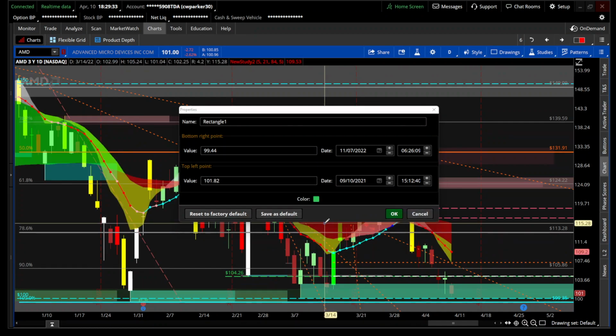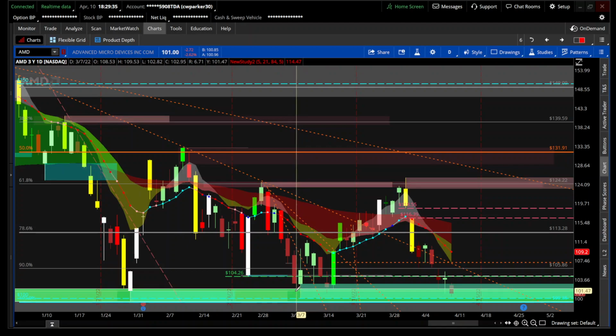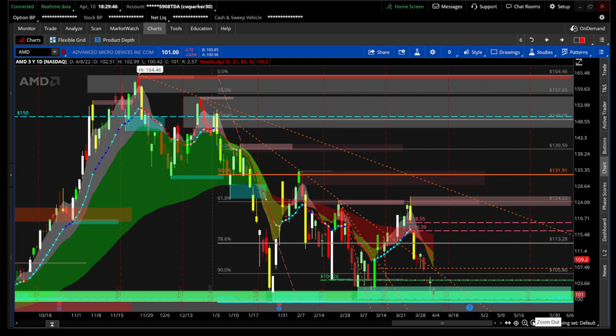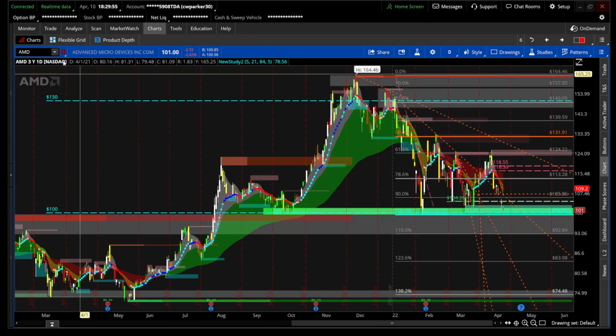But anyway, it's an area of demand. And you can see it dropped right here and it shot up. Drop right here and it shot up. Drop right here, and I'm hoping for another shot up as well with AMD. And that would probably be considered a triple bottom. 1, 2, double, 3. Triple bottom of an area of demand.